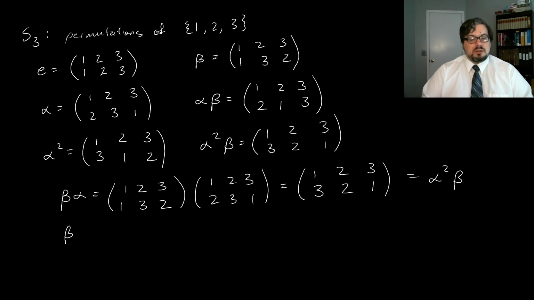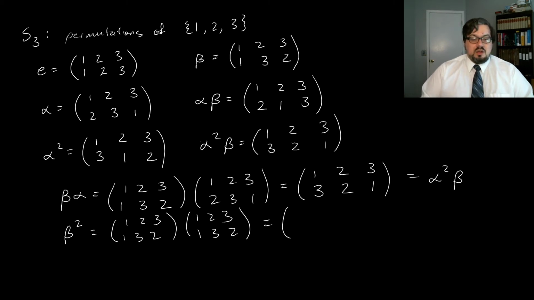Furthermore, let's check out beta squared. So beta squared, 1 goes to 1, then 1 goes to 1, so 1 continues to go to 1. Now in the first beta, 2 goes to 3, and in the second, 3 goes to 2.